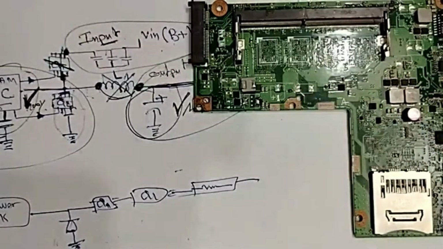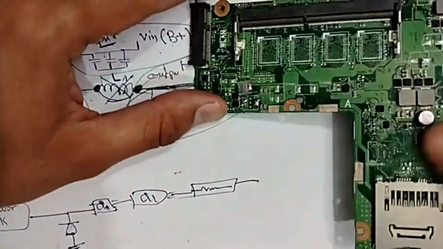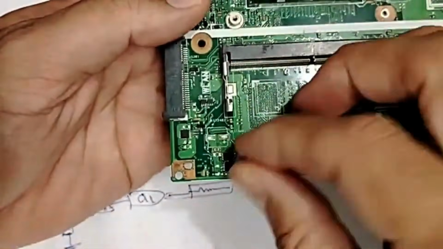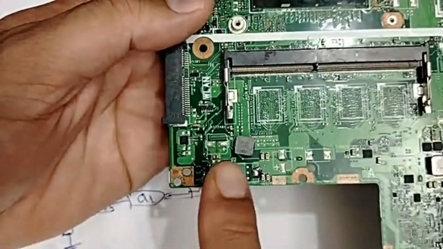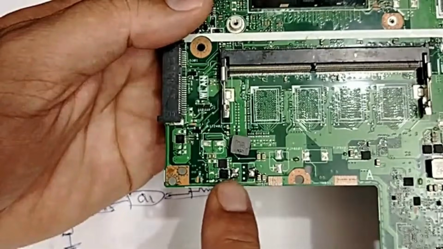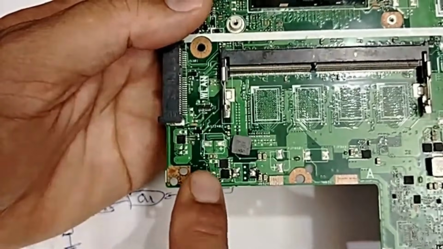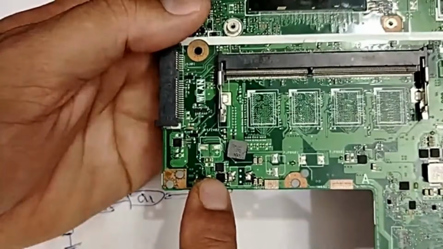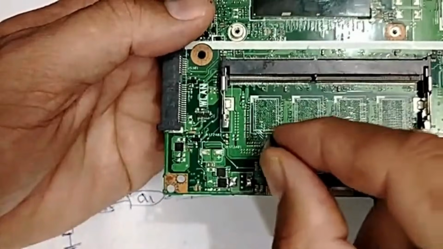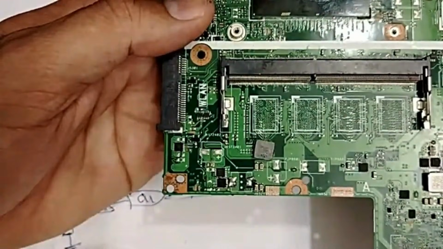This is the inductor that I removed. Here we have two points right now. No damage, all is good. We have MOSFETs, everything is good here, my friends. The inductor is removed. Nicely done.